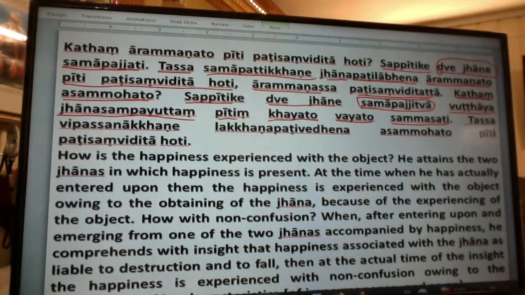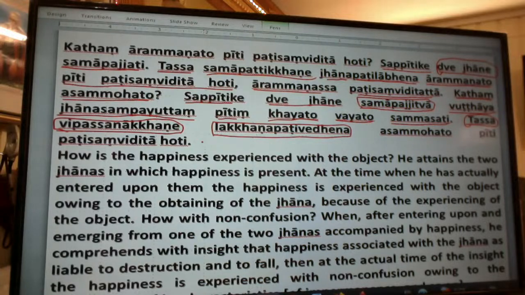Tassa, for that meditator, vipassanakkhane, at the moment of vipassana meditation, lakkhana pativedha. Lakkhana is characteristic: the three characteristics, anicca, impermanent nature; dukkha, unsatisfactoriness; anatta, no soul. So lakkhana pativedha is penetrated understanding of the three characteristics, very deep understanding.